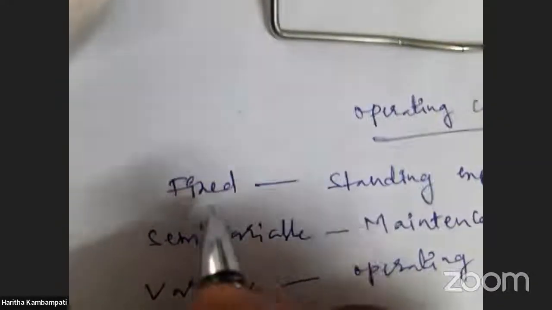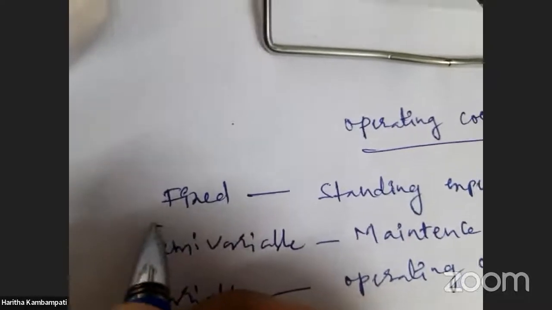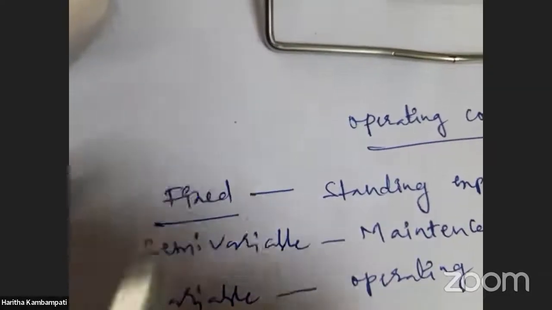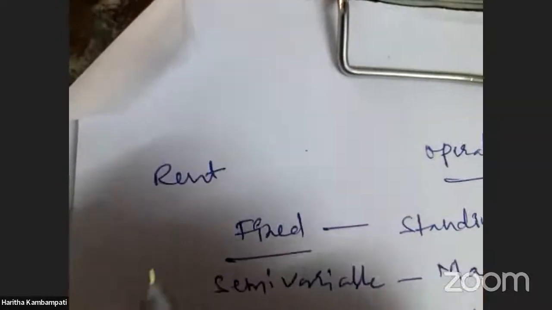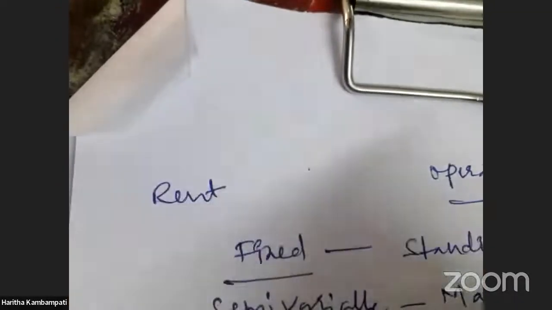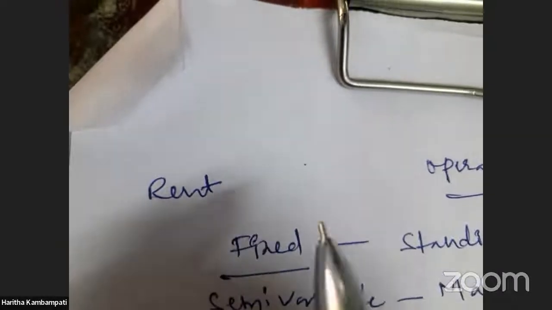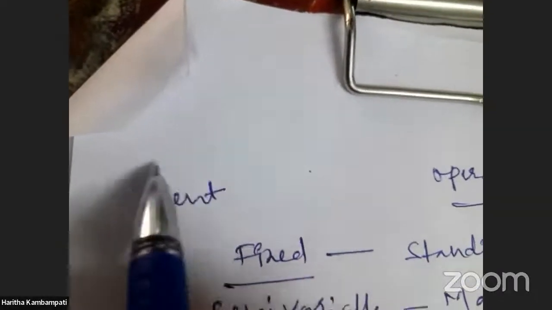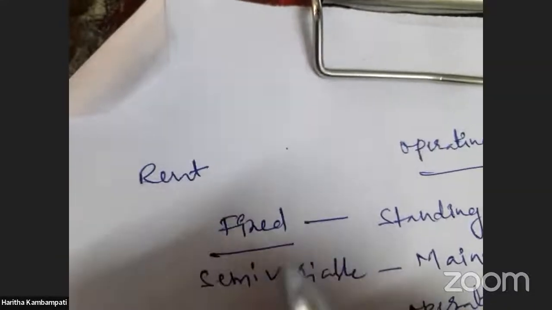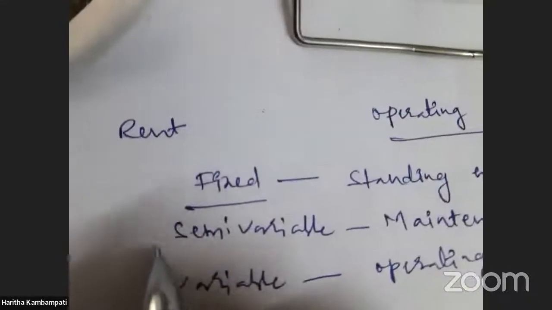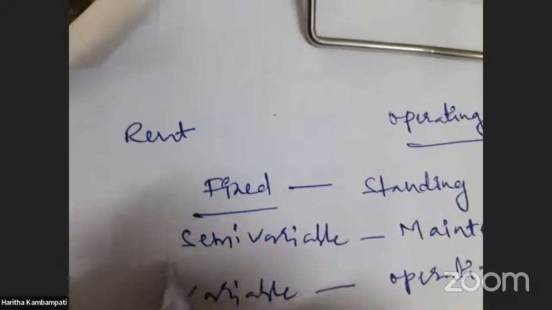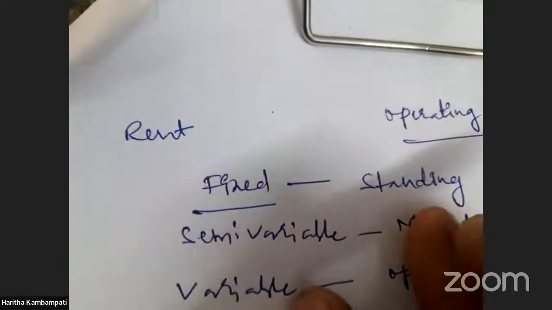Fixed costs are the costs which remain constant irrespective of the level of capacity. For example, rent of a particular building or location, salary to the manager. This is going to be fixed irrespective of the level of their operations. Such types of costs are called fixed cost. Semi-variable costs are going to be fixed to some extent.